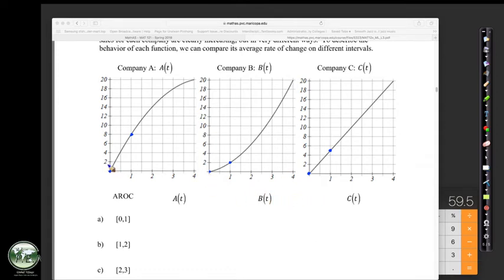And you'll see that if we go from the beginning to the end, it looks like all of them actually have the same rate of change from beginning to end, right, because they're all starting at the same point, ending at the same point. But the interim rates will be different. This one is a different rate, and this one's a constant rate.